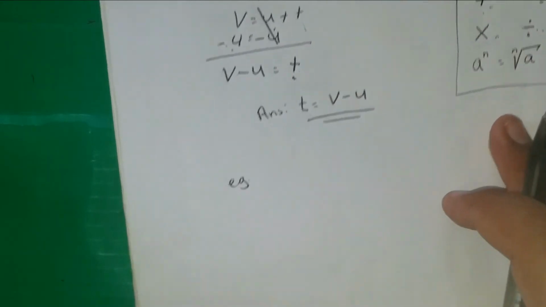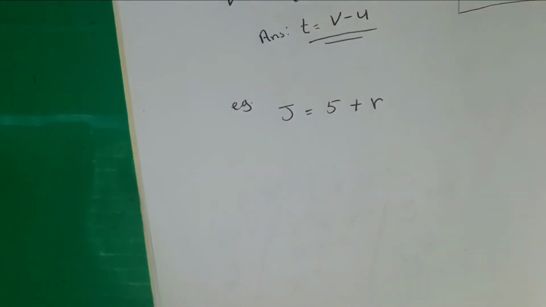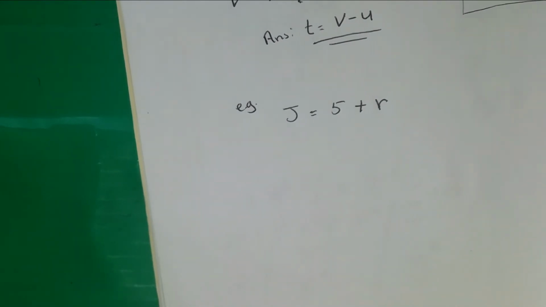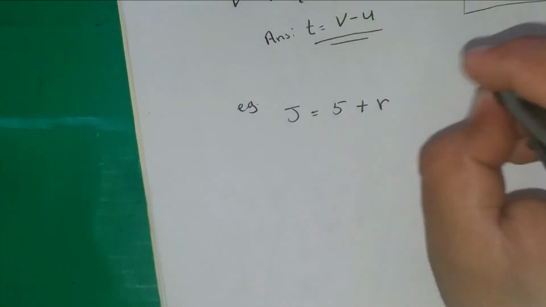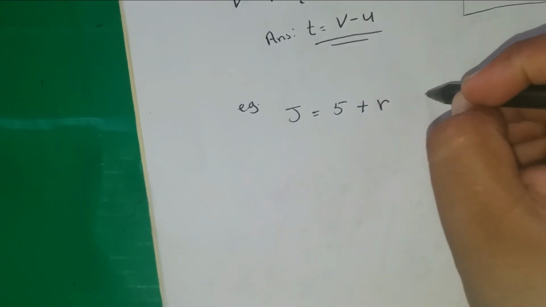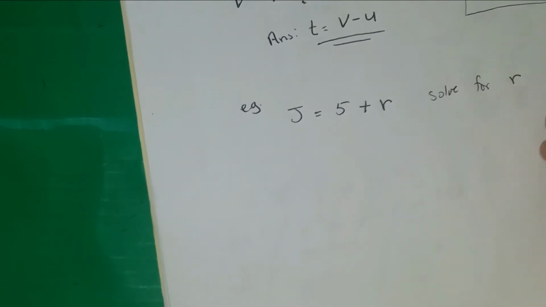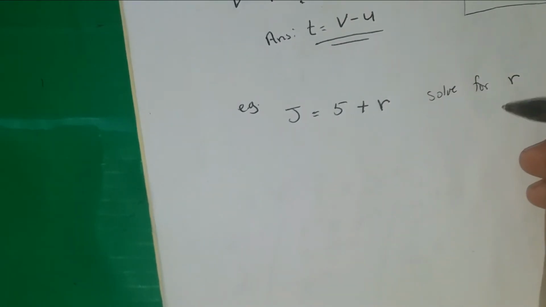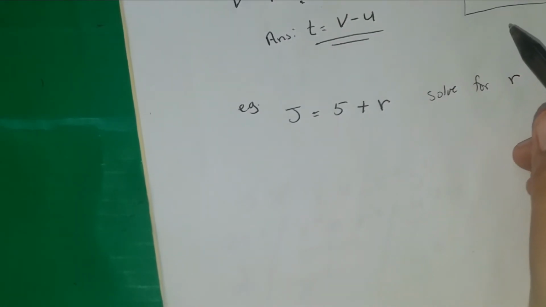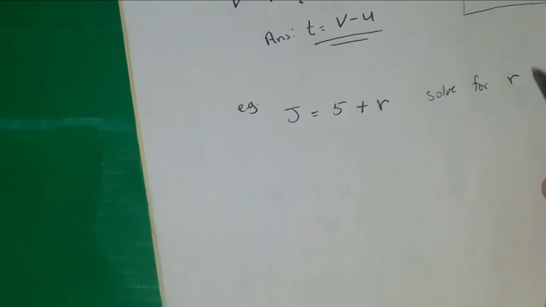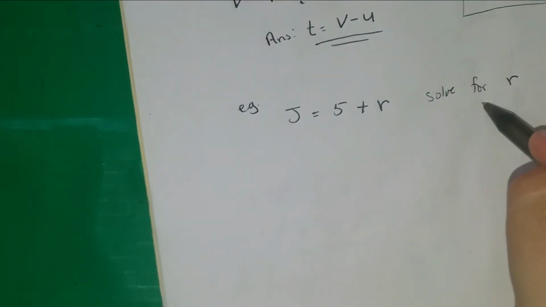If we take a look at another one, j equals 5 plus r, and what we want to do is solve for r. If it says solve for r, it goes back to what question 1 was saying, make t the subject of the equation. This one is saying make r the subject of the equation.